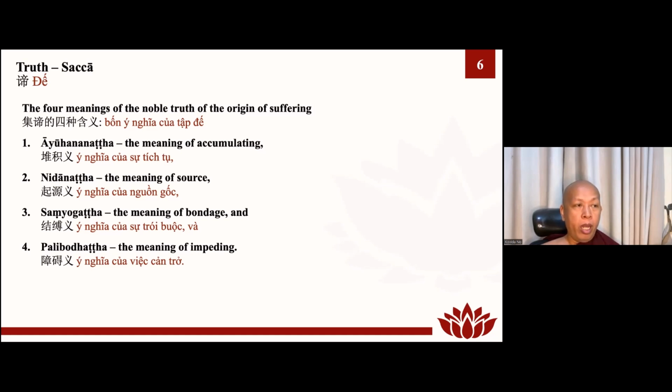Okay, another one is we call samyogata, the meaning of bondage. In this case, we can understand, right? Tied up. For example, the problem is we have good experience. Our mind is always tied up with the object, bad object or good object.